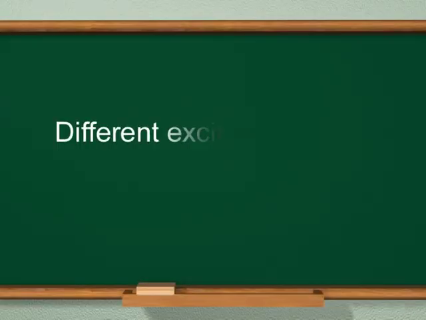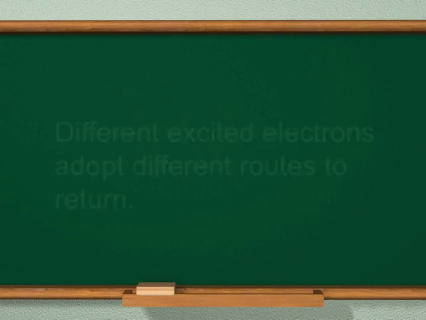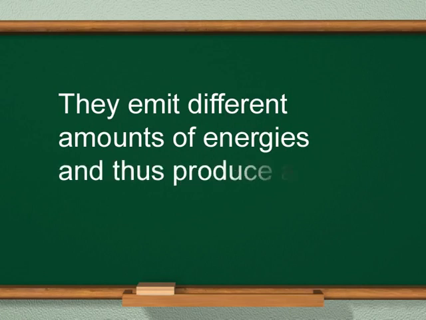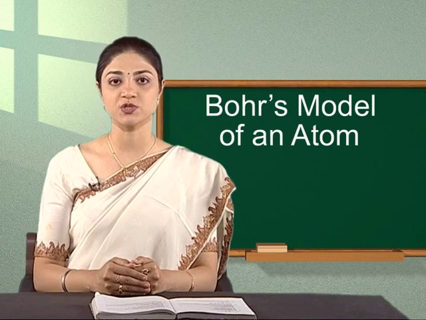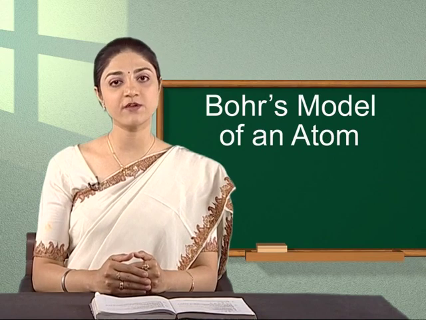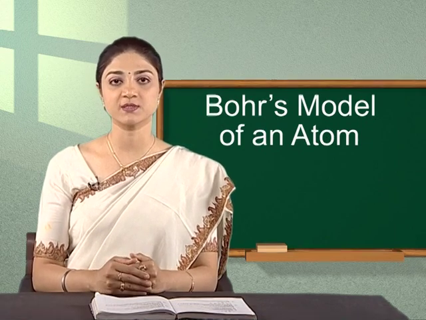Thus, different excited electrons adopt different routes to return. As a result, they emit different amounts of energies and thus produce a large number of lines in the atomic spectrum of hydrogen. The hydrogen spectrum consists of several series of lines named after their discoverers.